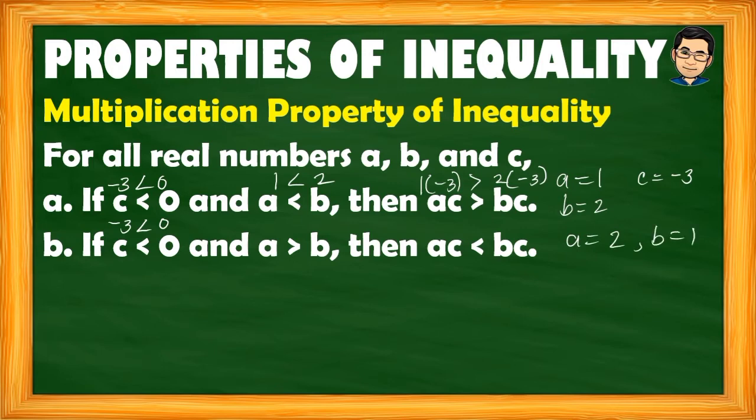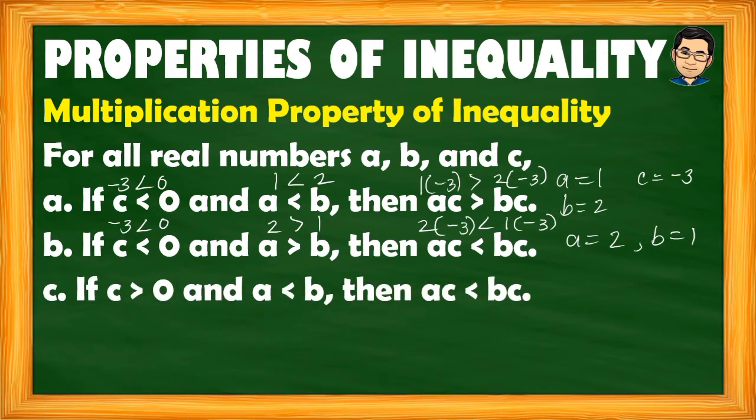So it becomes 2 is greater than 1. Next, when we multiply negative 3 to both sides of the inequality, it becomes 2 times negative 3 is less than 1 times negative 3. So 2 times negative 3 is negative 6, and that is less than negative 3. Okay, so this is also correct.